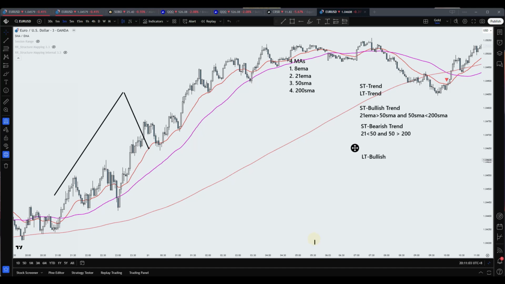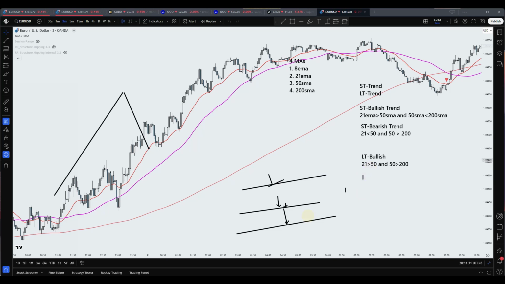So long term bullish simply means that 21 is greater than 50 and 50 is greater than 200. It means they are all stacked, something like this. 21 is above the 50 and 50 is above the 200. Everything is stacked positive.